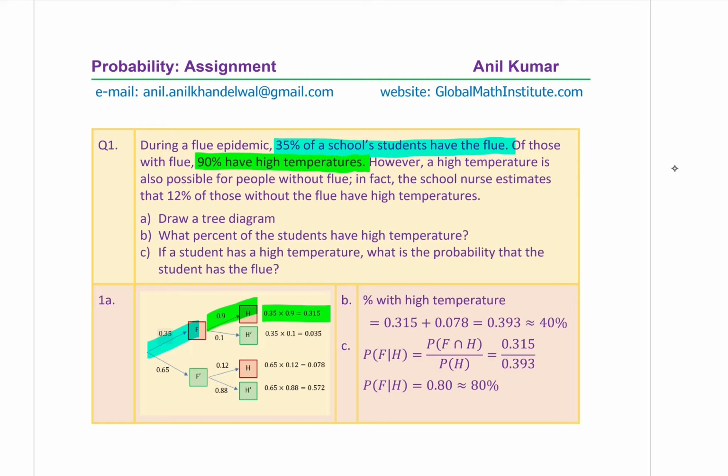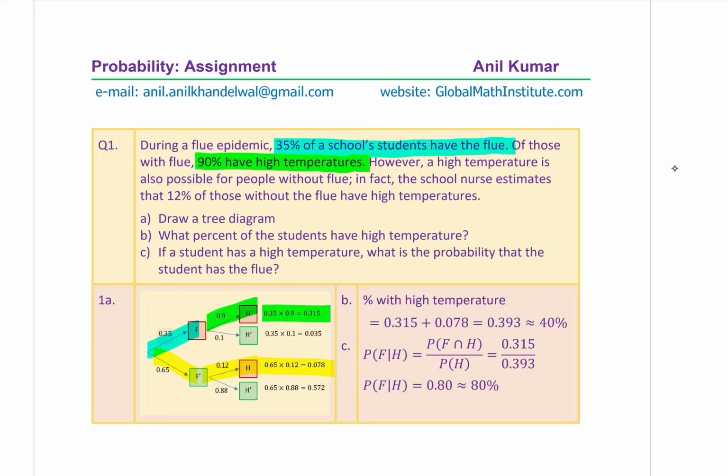However, high temperature is also possible without flu, and it has been estimated that 12% of those without flu will also have high temperature. So that is the other arm of our interest. So we have a tree diagram right there. All these values are calculated as written. So you can do that.